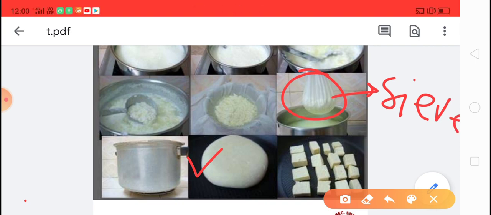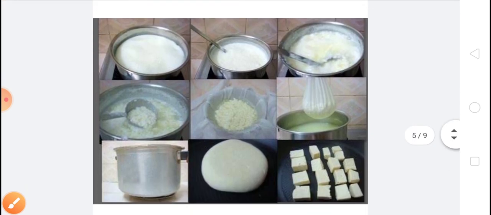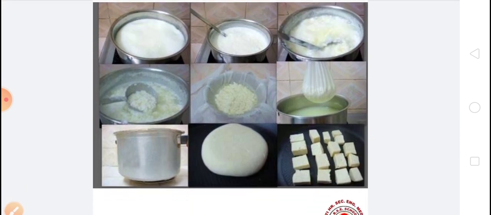In this way we obtain cheese from curdled milk, and we separate the paneer from the milk by the filtration process. Here the sieve, muslin cloth, acts as a filter paper.